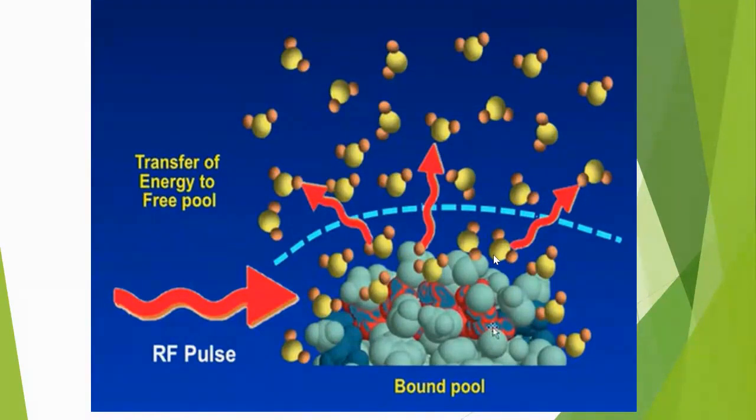The water close enough to these macromolecules is often referred to as bound water. Meanwhile, those molecules which exist outside or move freely around them are called free-moving water, instead of being restricted like their counterparts.